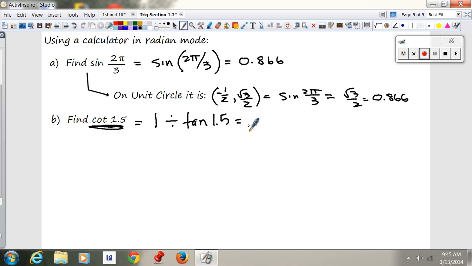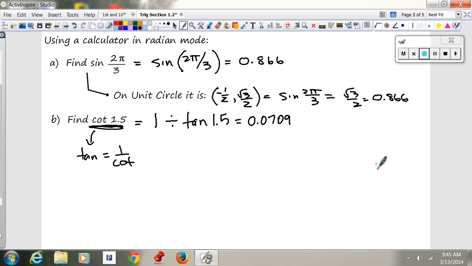You should be in radian mode. And hit equals. Okay, so what is it? 0.0709. That's what should come out on your calculator when you get the cotangent.